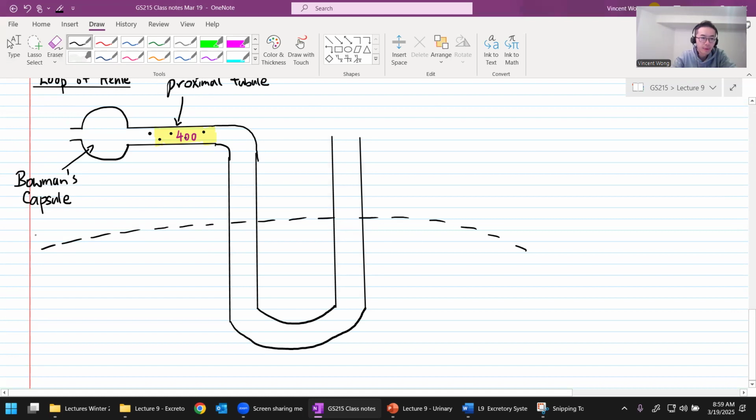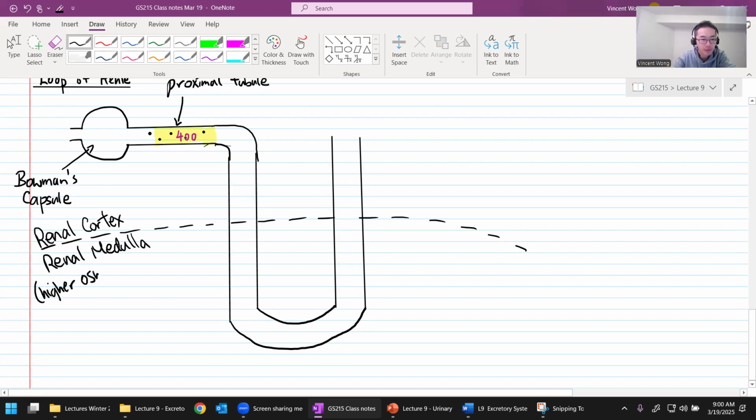If you remember, this is the renal cortex, the outside, and then this is the renal medulla. Do you remember from last class which one is saltier, which one is higher in osmolarity? Good guess, it's only 50-50, right? It's the medulla. The medulla has higher osmolarity.